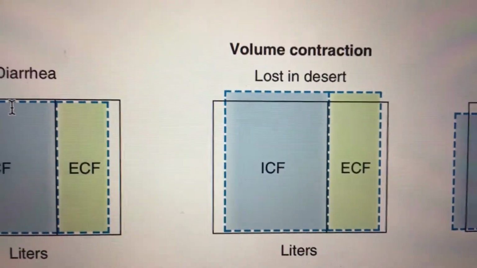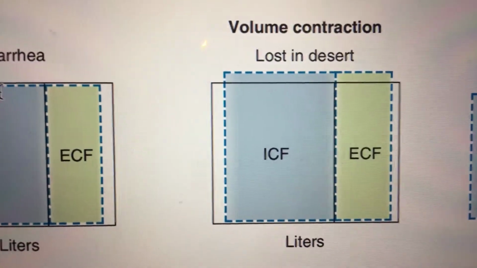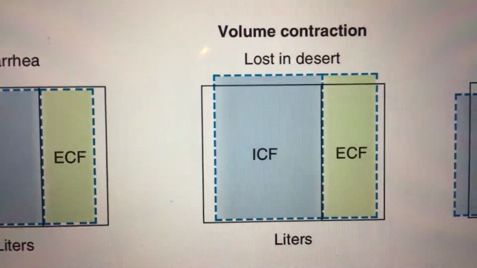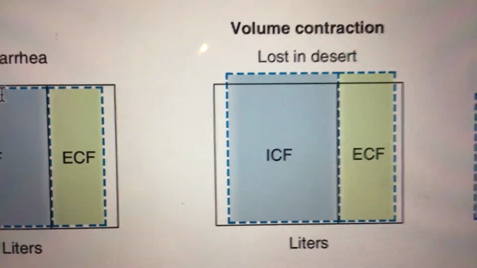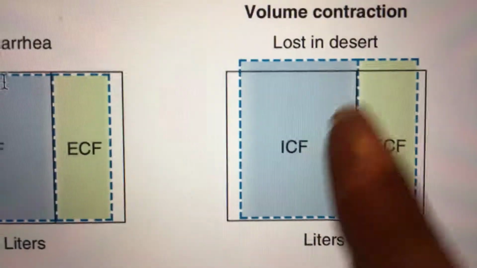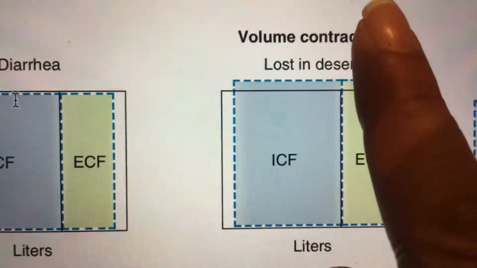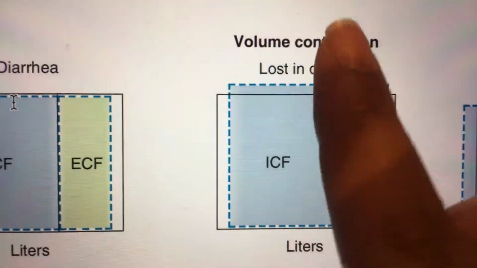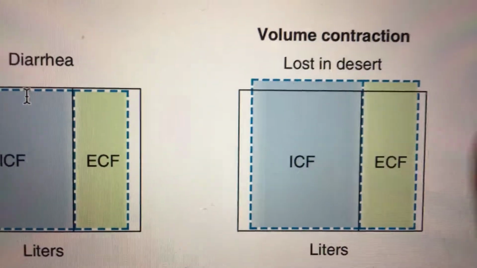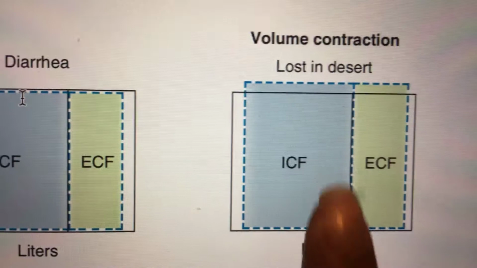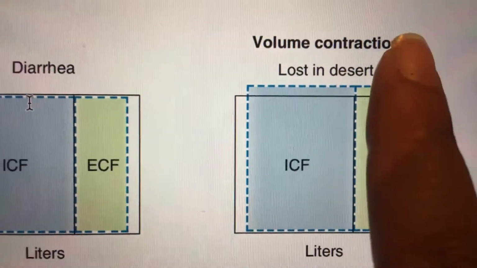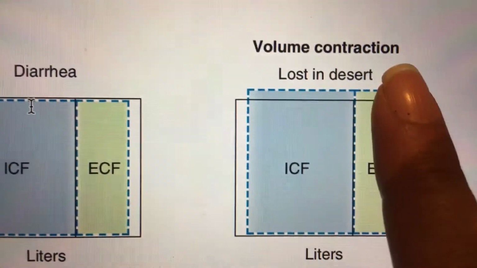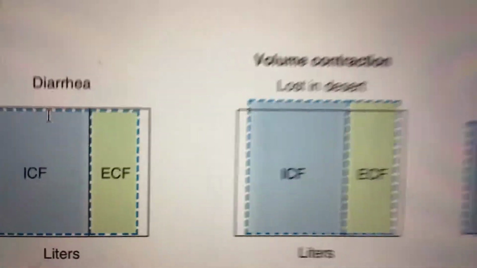You do not lose your solutes, okay? And the fact that you don't lose your solutes means that the solute concentration within the extracellular fluid increases as compared to the water, because you've lost the water. Loss of water through sweating in the desert will mean that you have higher solutes, which means there's a higher osmolarity, and then the water will move from here to here, so there is a shift.